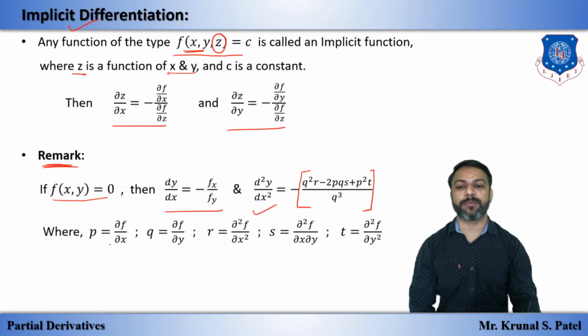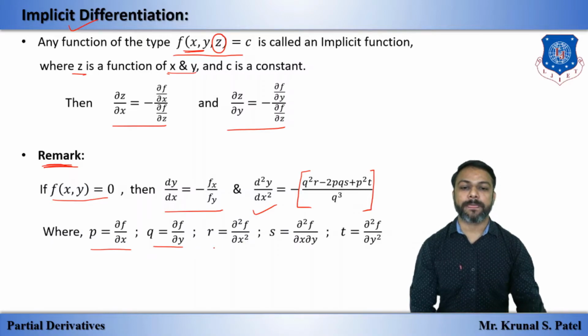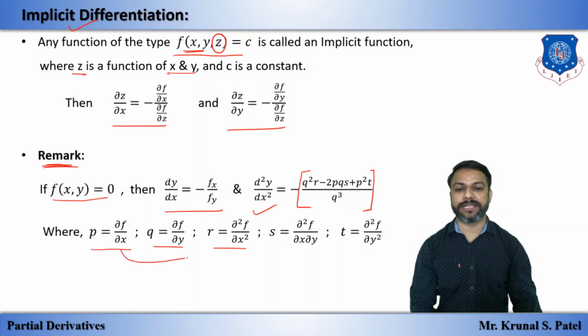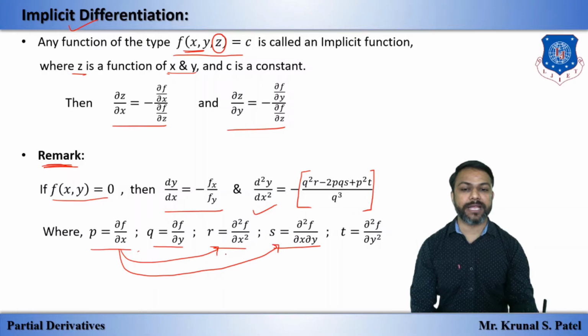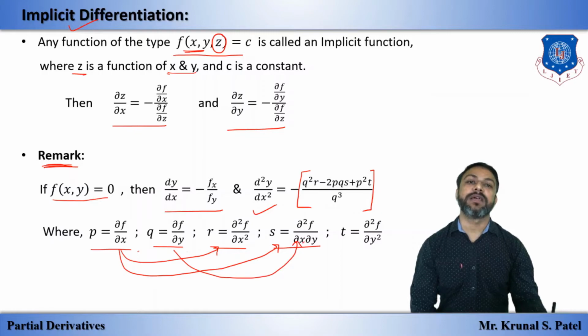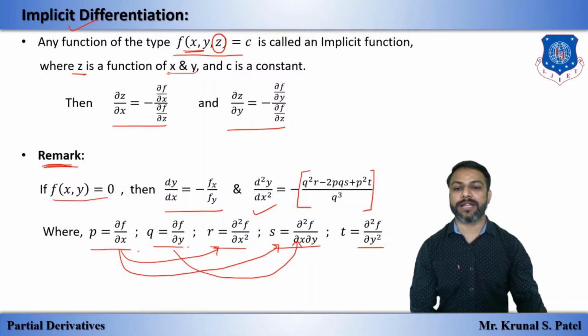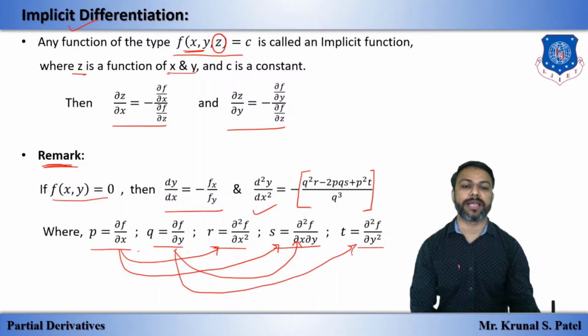You know that p means del f by del x, with respect to x partially; q means del f by del y, with respect to y partially; r means del square f by del x square, that means 2 times with respect to x partially, differentiation of this again with respect to x; s means del square f by del x del y, that means differentiation of this x with respect to y, or you can differentiate this y with respect to x, both are same because we know the mixed derivative theorem; and t means del square f by del y square, that means differentiation of this y again with respect to y.